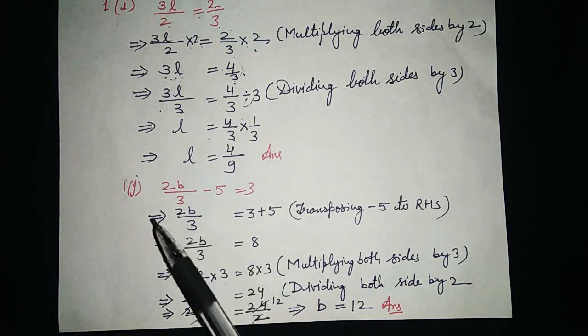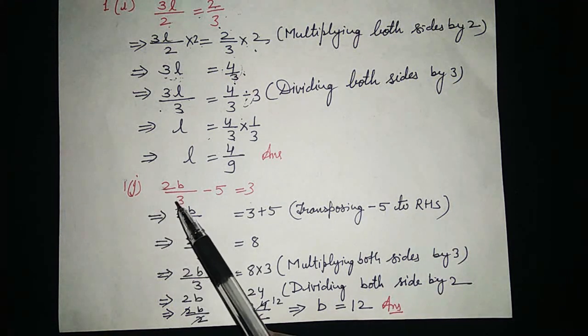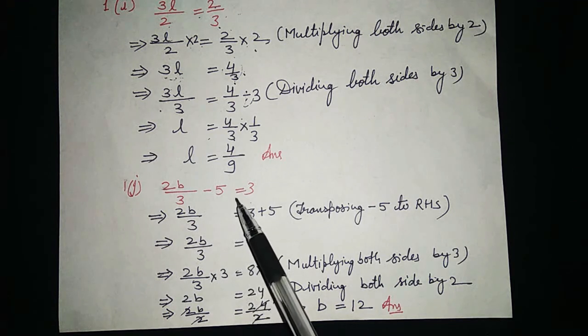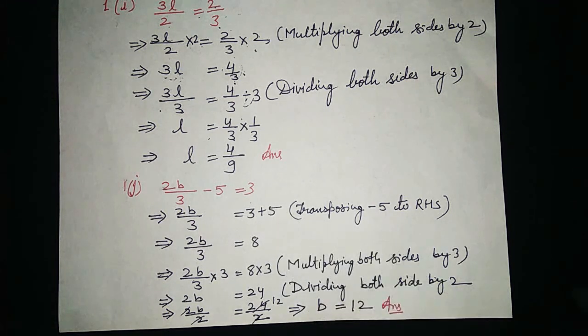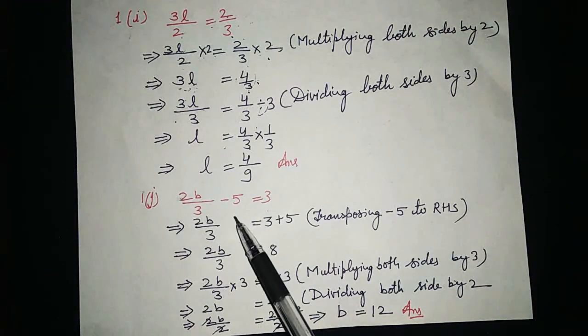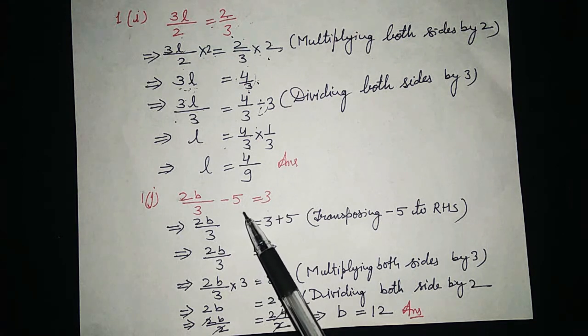Now see the J part. J part is 2b upon 3 minus 5 is equal to 3. Here you can see minus 5. And just now I have told you that we are solving this question by transposition.